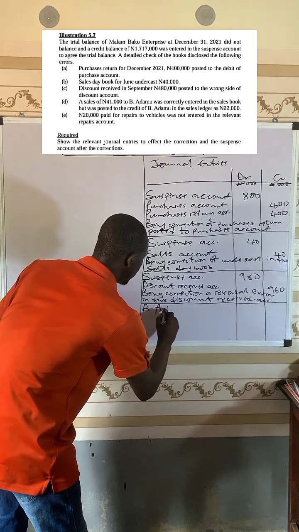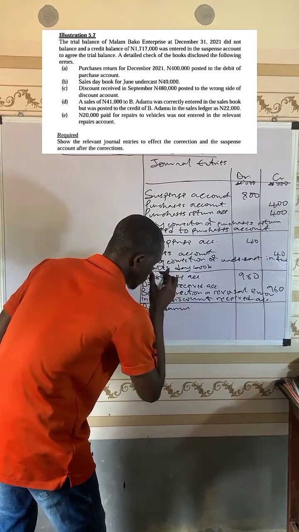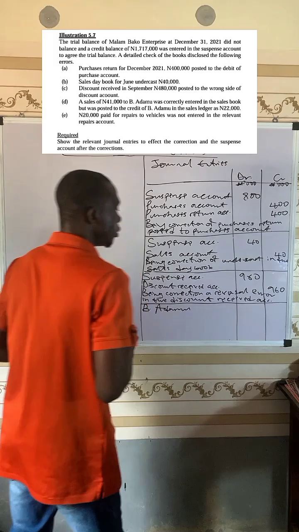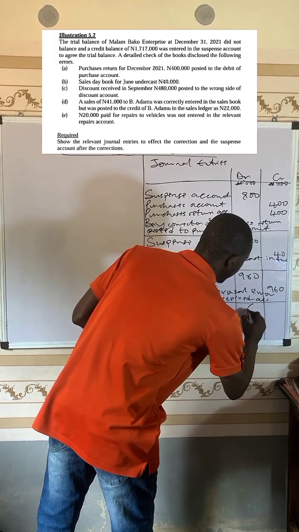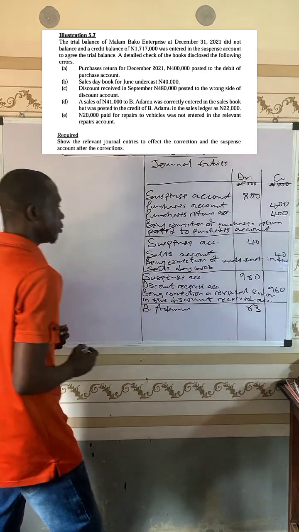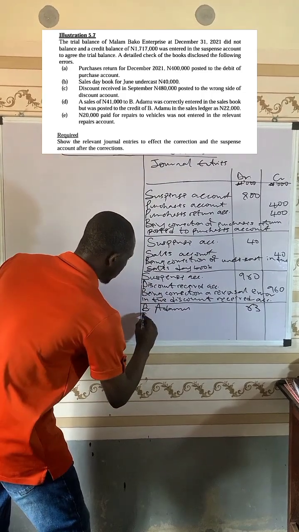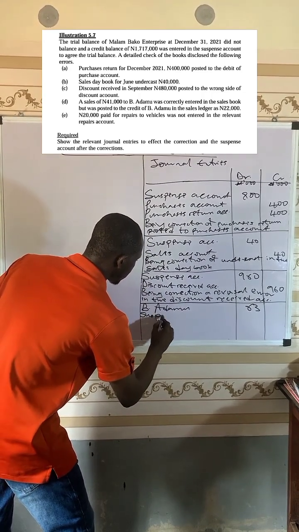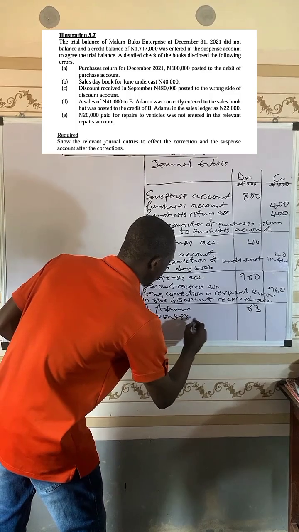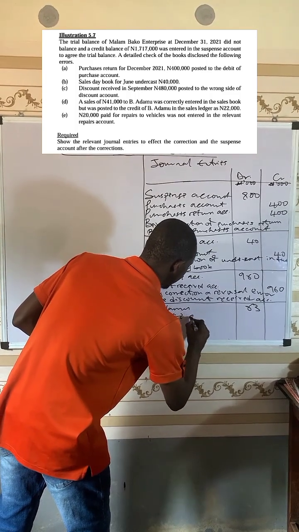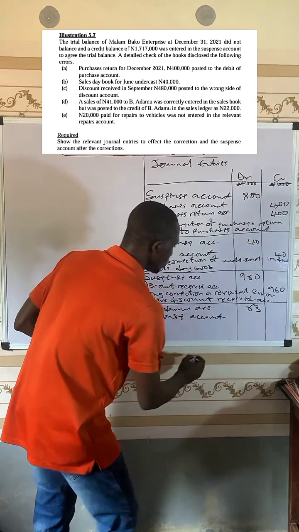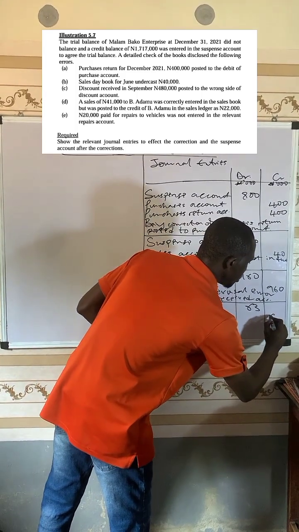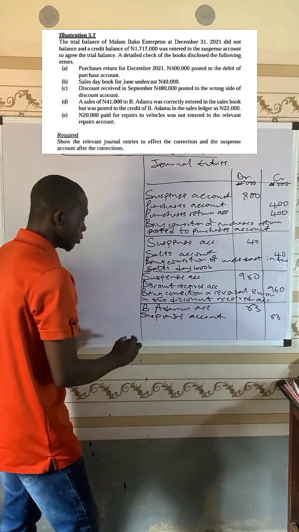B Adamu. 21 plus 41 plus 22, that is 63,000. And in our suspense account, 63,000 on the credit.